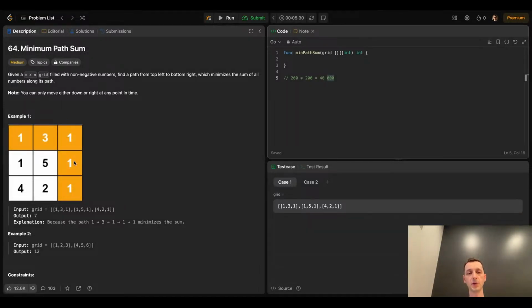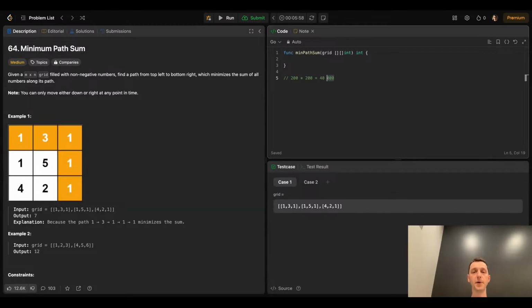If we get to this one from here, and we know the minimum for this one, if we calculate the minimum path from any point, then every time we hit it from the other direction, we don't have to redo it.